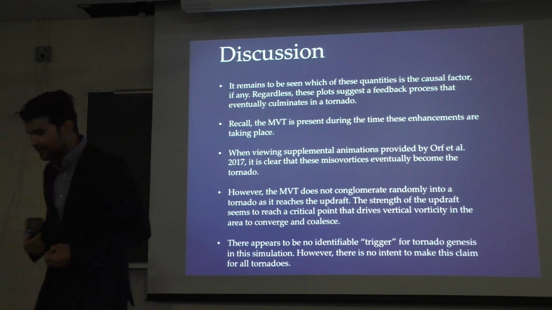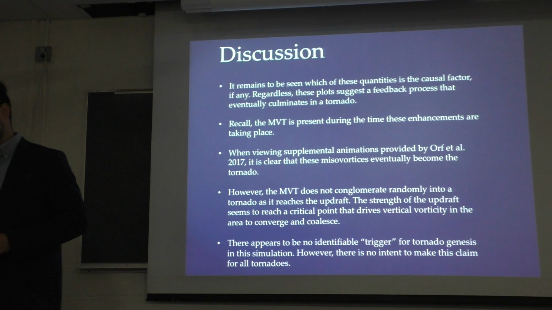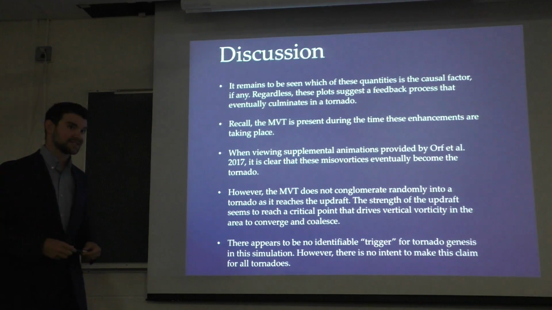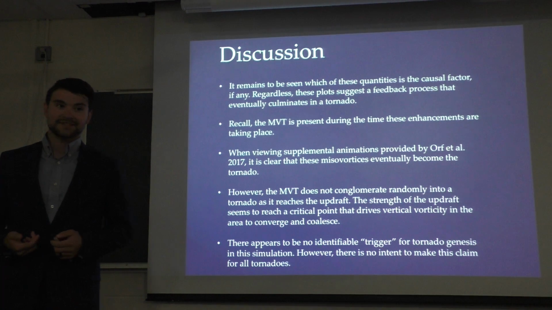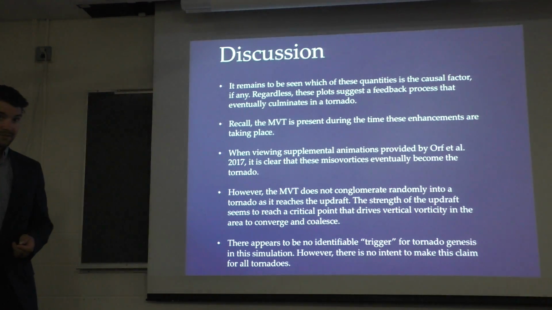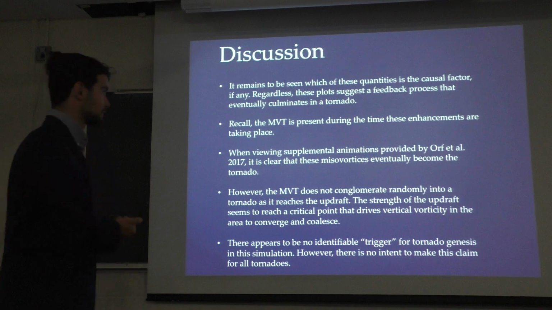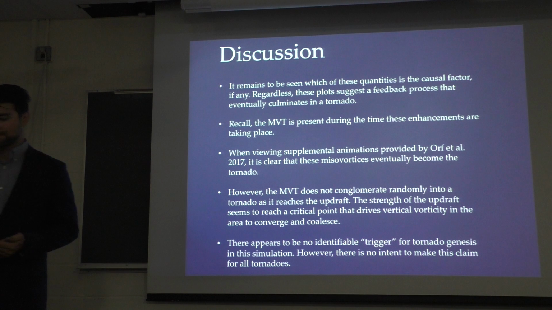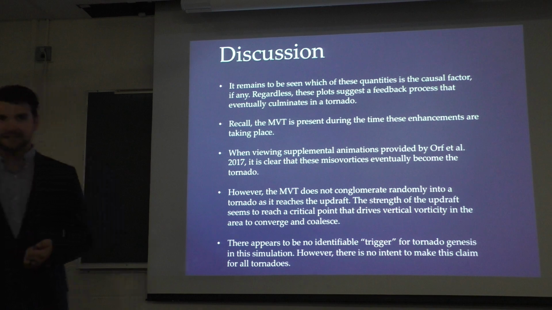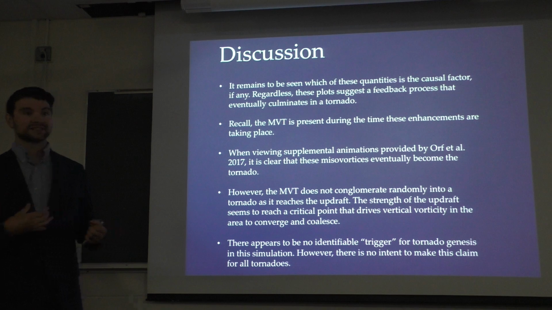We haven't quite proven that all these quantities are the causal factor of tornadogenesis. We still need to do more quantitative analysis, but it does suggest a feedback process, and that feedback process eventually culminates in a tornado. The MVT that we were talking about earlier is present during all this time, and the NVT is conglomerating with the main updraft center, and all these enhancements are taking place simultaneously.